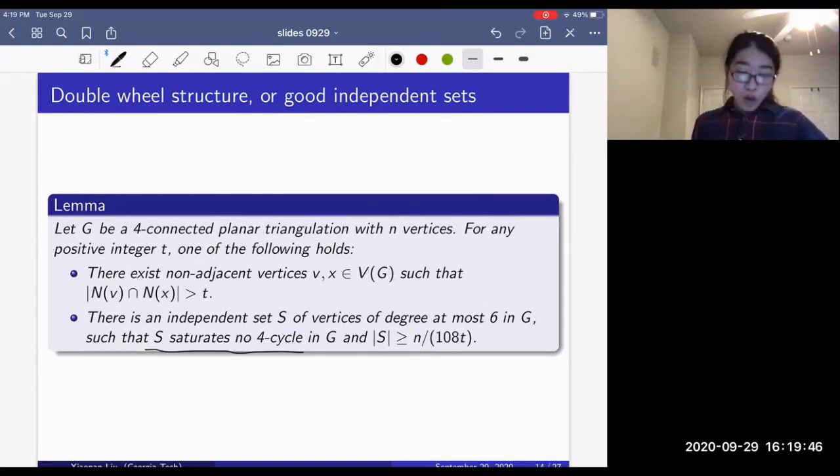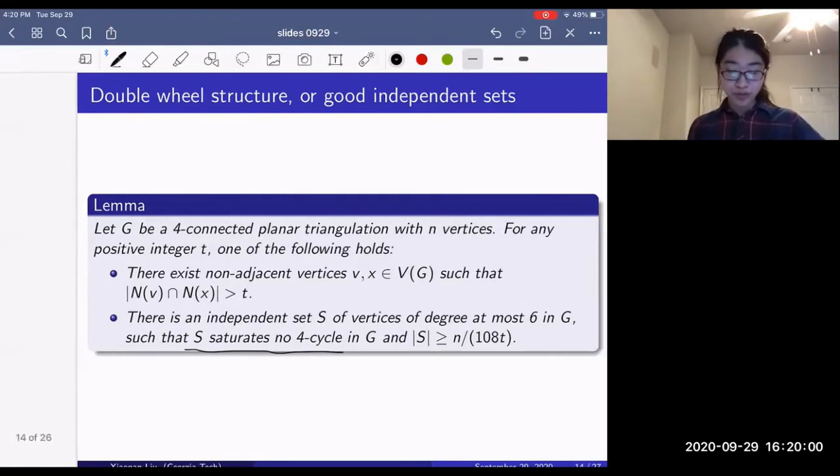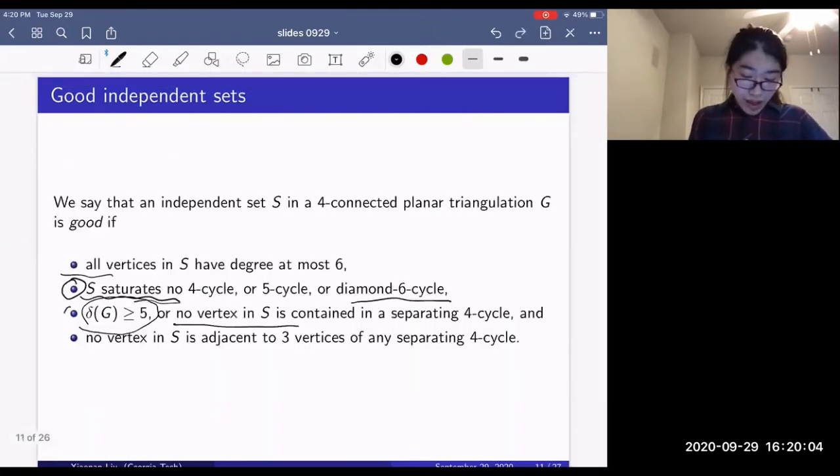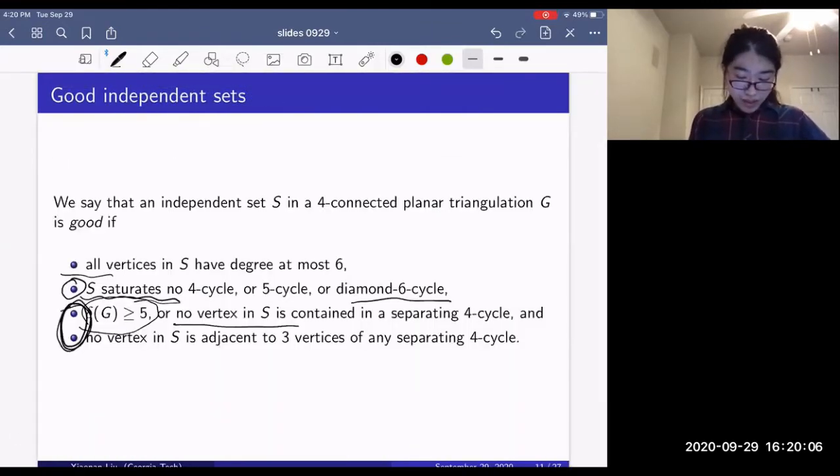Because we are considering 4-connected triangulations with not many separating 4 cycles or minimum degree 5, we can use these two conditions to solve it.